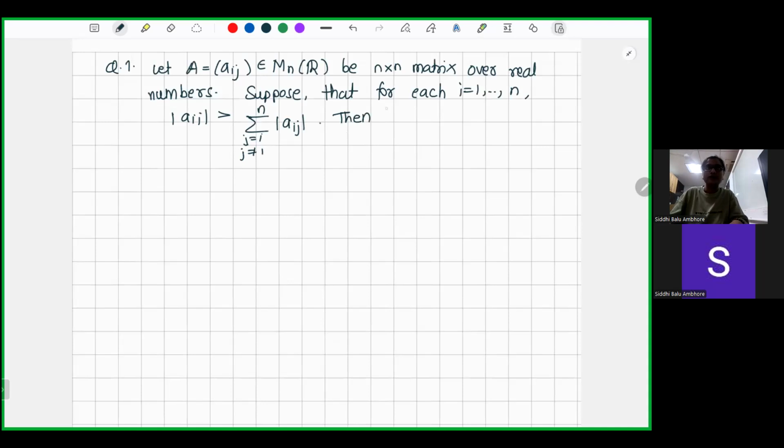Then we have that the product a11 to ann times the determinant of A is greater than 0.